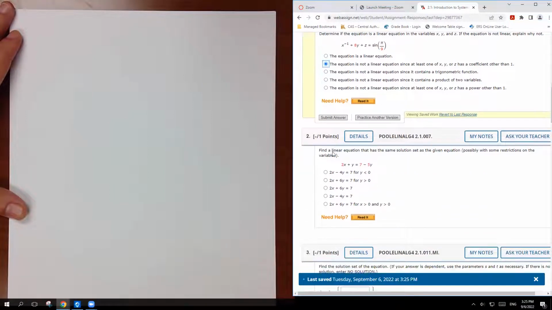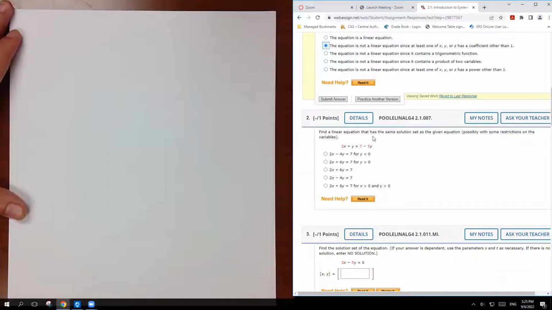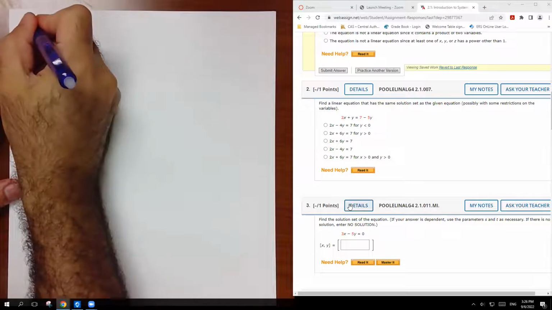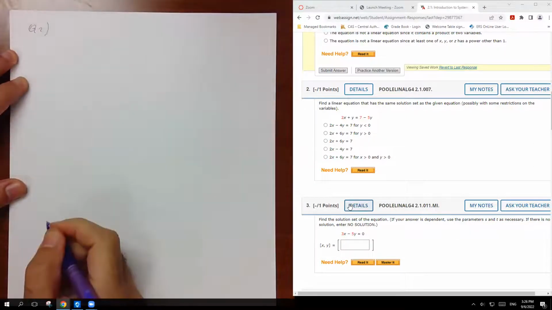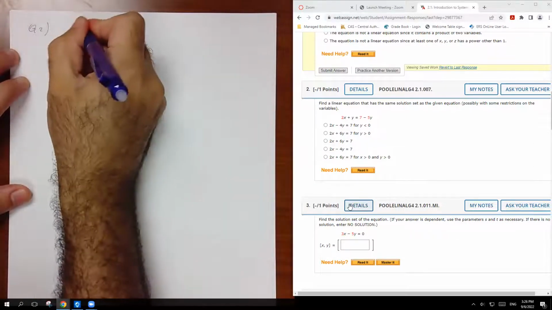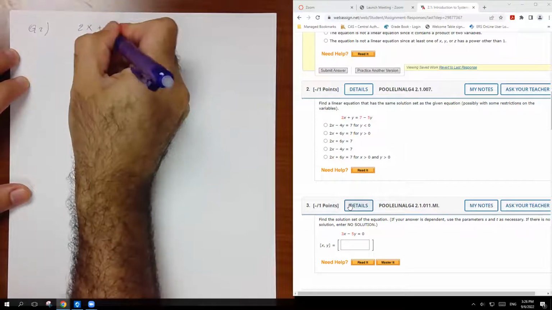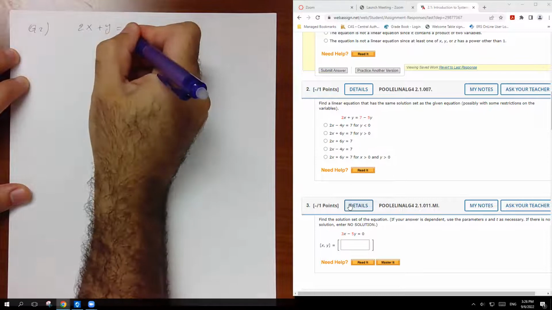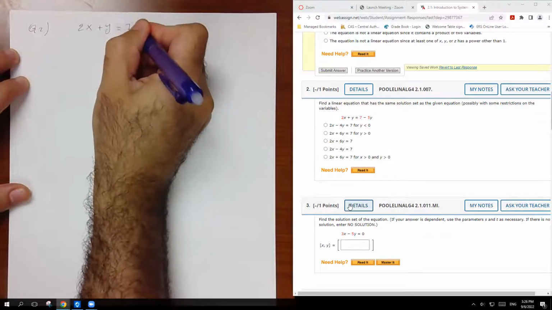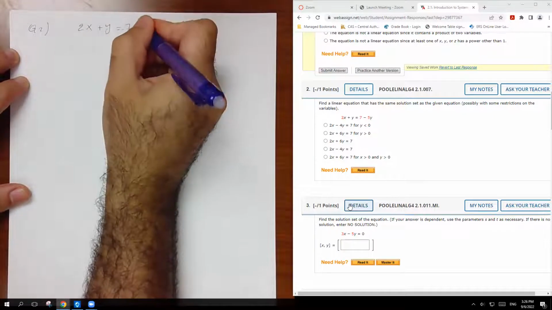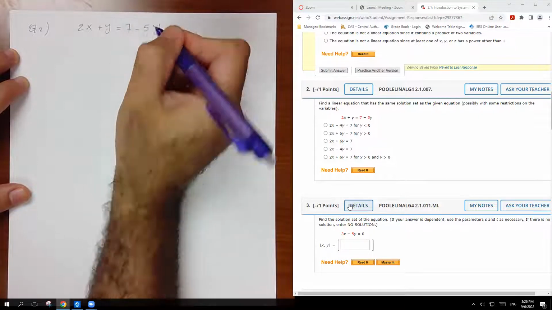Go to the second one. Find the linear equations that have the same solution set as the given equations. For the second one, the linear equation they give you is 2x plus y equals 7 minus 5y minus 5. Let's solve this one.